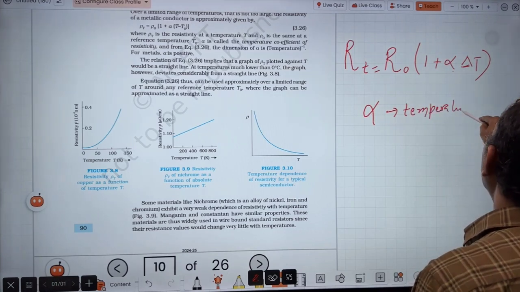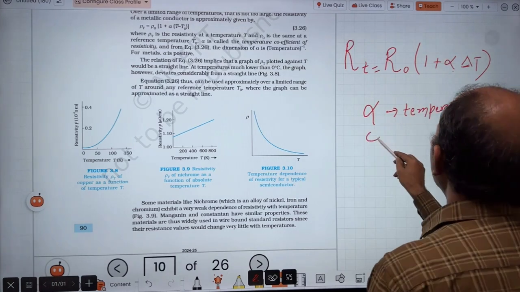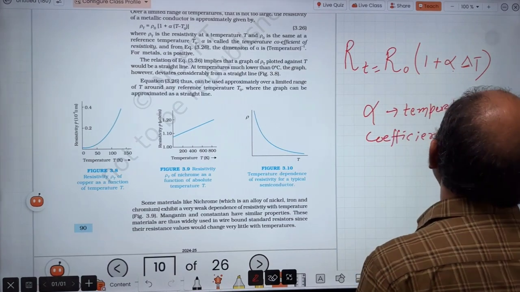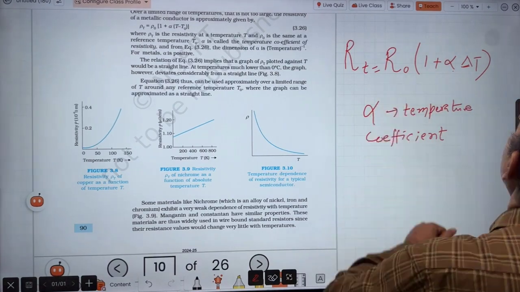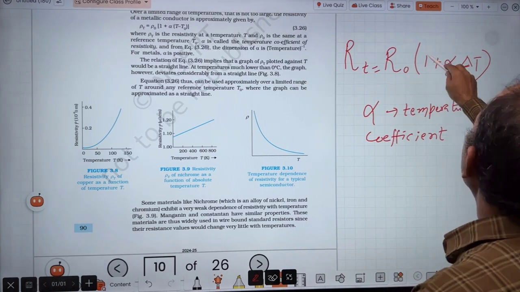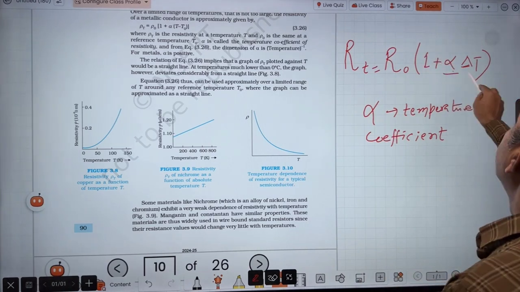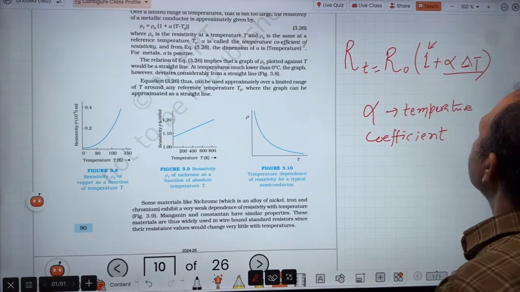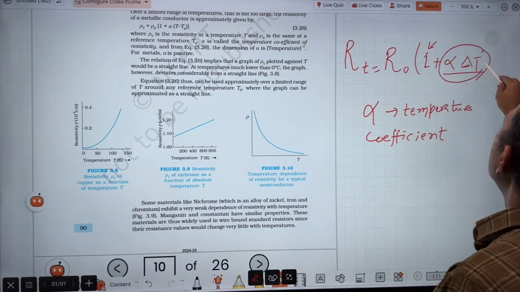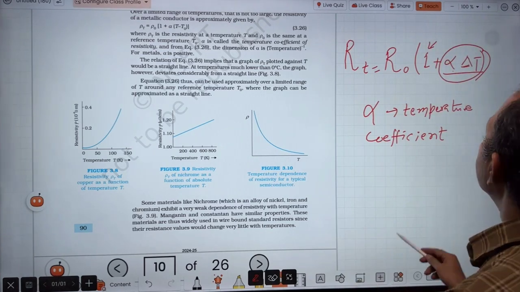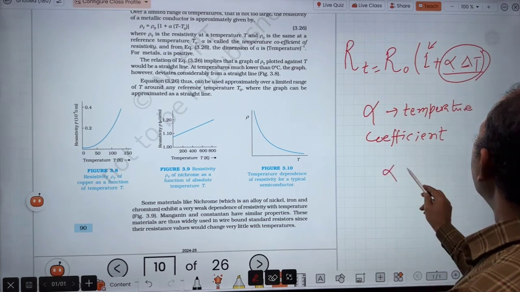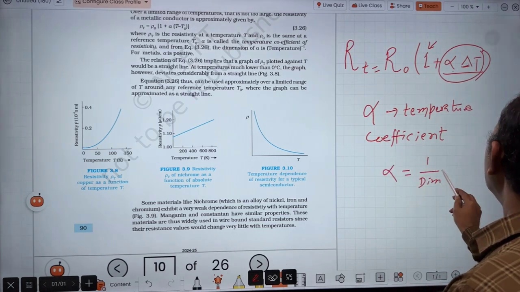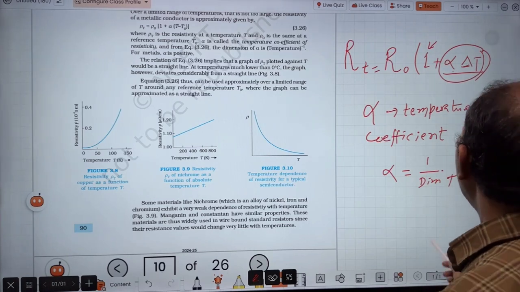Temperature coefficient. Suppose we want to find its unit, how will you relate it? If you apply the principle of homogeneity, this is a dimensionless constant. So these two terms must have no dimension. So alpha must be equal to 1 upon the dimension of temperature.